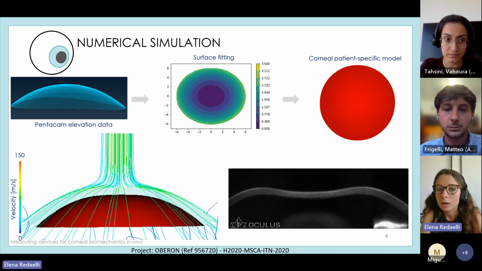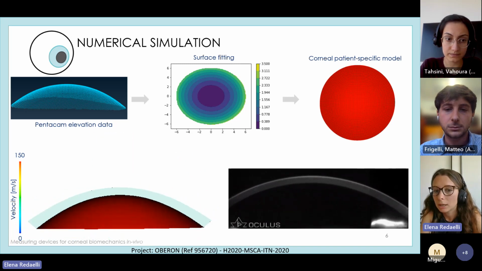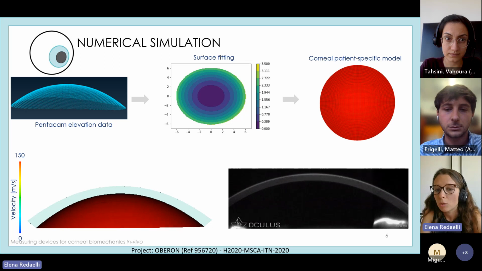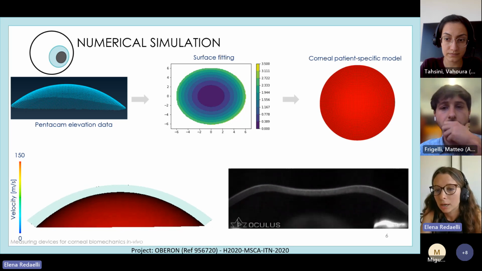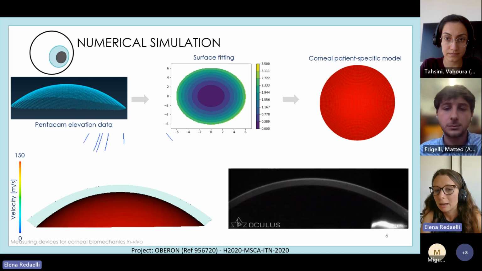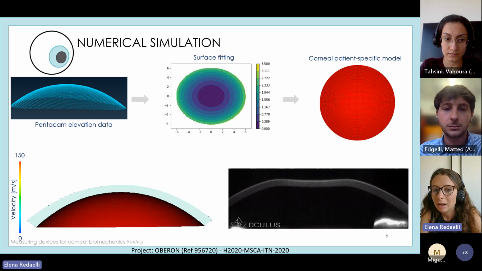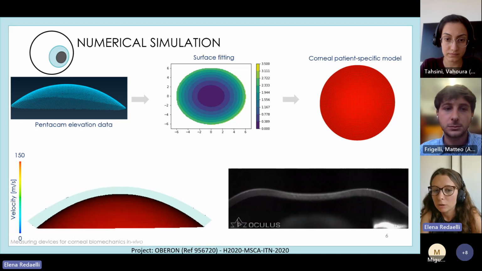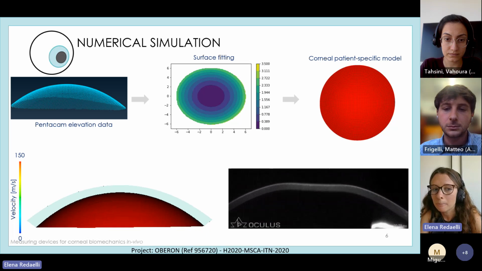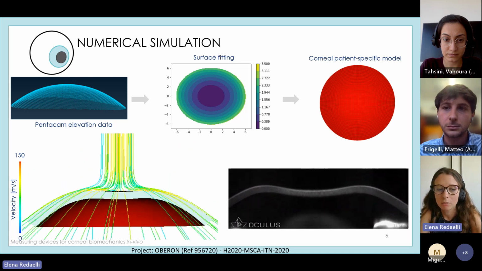But also with this numerical simulation, we can control the intraocular pressures, and so we are going in the direction of decoupling these factors. But since there is a lot of work to do in this device, I now leave the floor to Matteo to present other two devices in order to estimate the mechanical properties of the cornea.